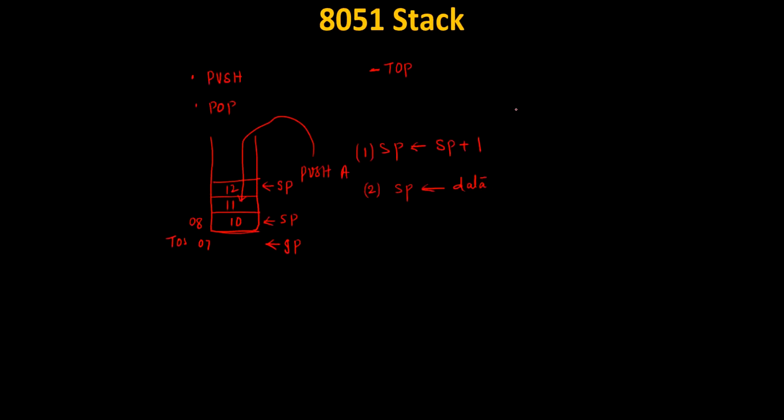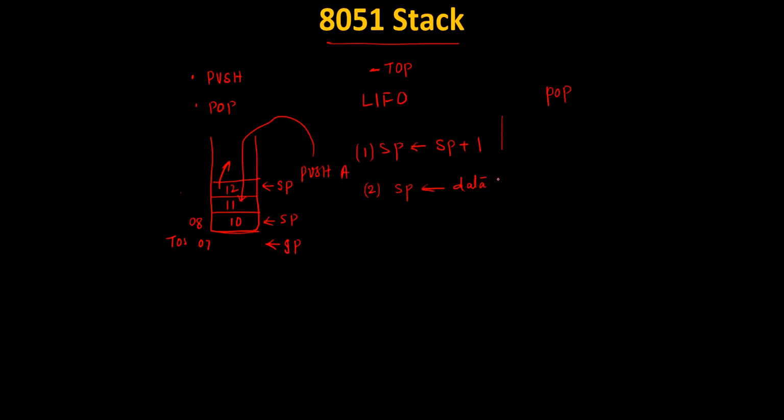Similarly, we'll work on the pop instruction. Now the top of the stack is this. Remember, the stack operates as last in, first out. Whichever data you pushed last comes out first. So this last one is the first data coming out. How do we take it? With pop.